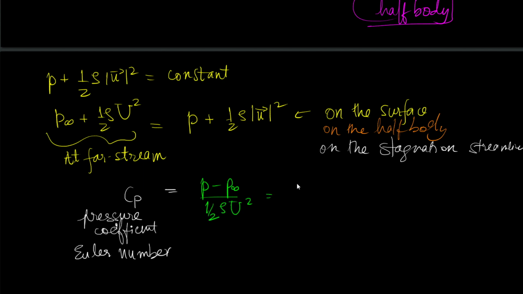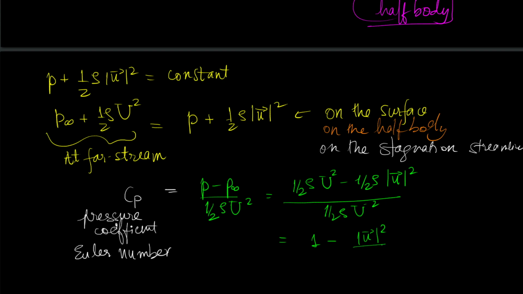So P minus P infinity is nothing but half rho capital U square minus half rho mod U vector square, upon half rho capital U square. And this is nothing but 1 minus mod U square upon capital U square.